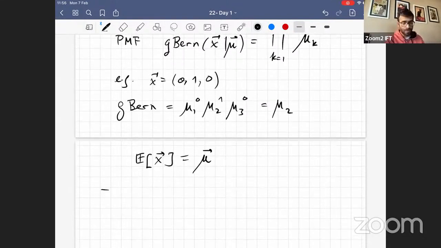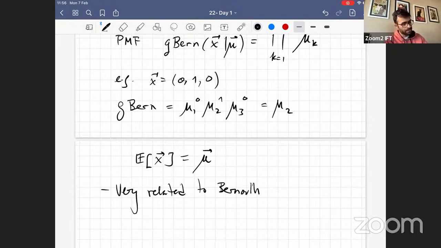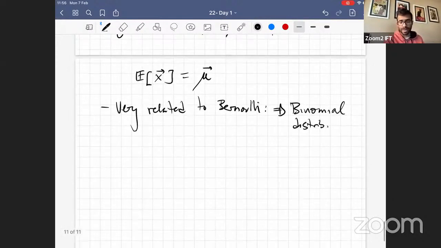And then there is also an expression for the variance, and I encourage you to obtain it. Anyway, very related to the Bernoulli distribution is the binomial distribution. So what is the binomial distribution?